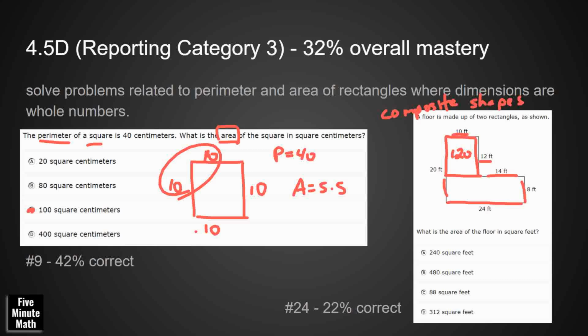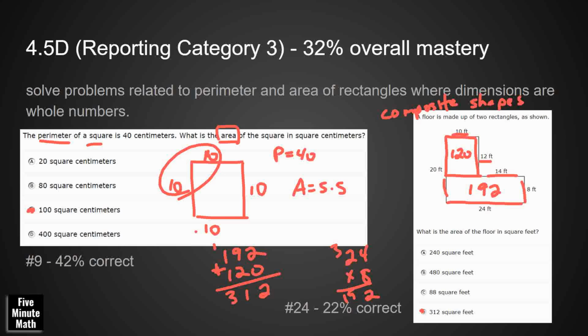Let's see what 24 by 8 is going to be. That's 192. Now I need to add my 192 and my 120, because with composite shapes you get non-overlapping areas that you can just find as smaller pieces and add up. So you're going to get 312. D is our answer there.